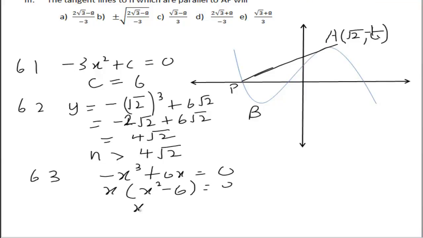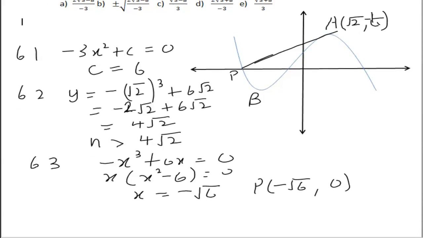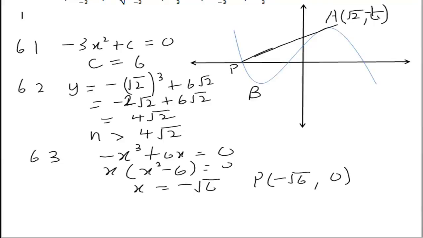Here we will get x is equal to minus the square root of 6 at P. So P's coordinates are actually minus the square root of 6 and 0. Having got that, we've got A, and A we noticed is root 2 and 4 root 2.